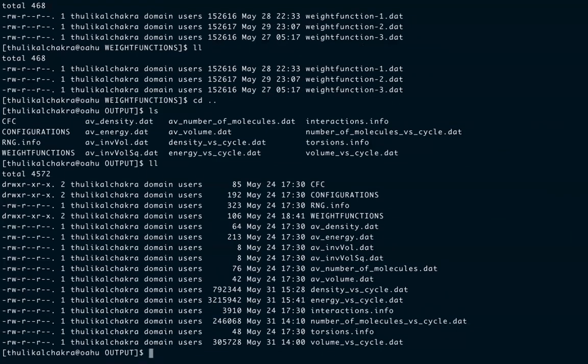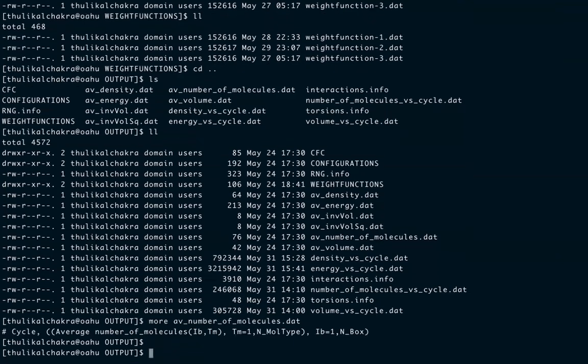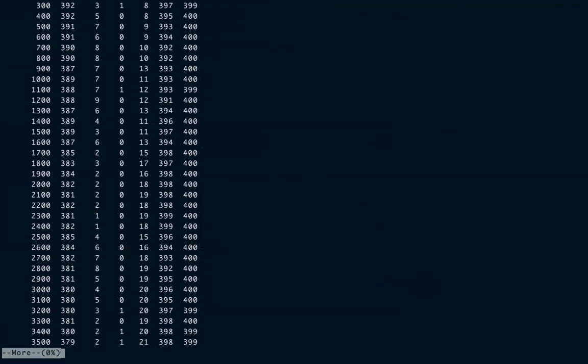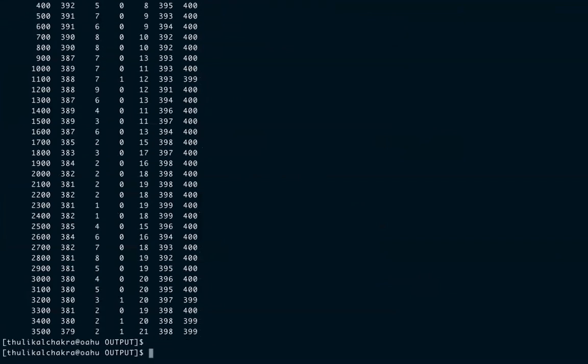So with this, I hope to have shown you how to run a simulation in the CFC Gibbs ensemble. Now, to calculate the solubilities, one can always look at the file called the AV number of molecules, or the number of molecules as a function of cycles, and you can plot the average number of molecules for each of the component in each of the simulation box.